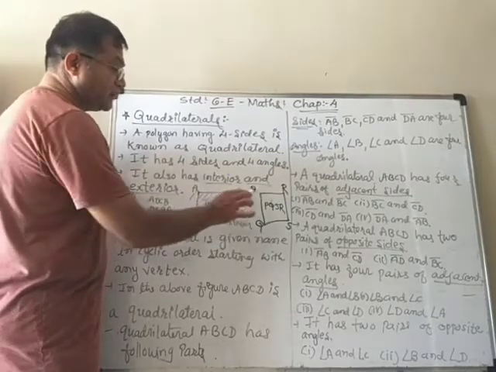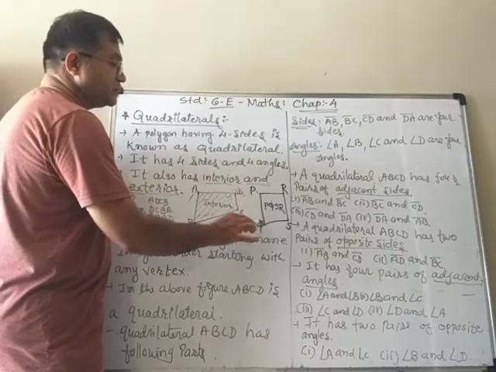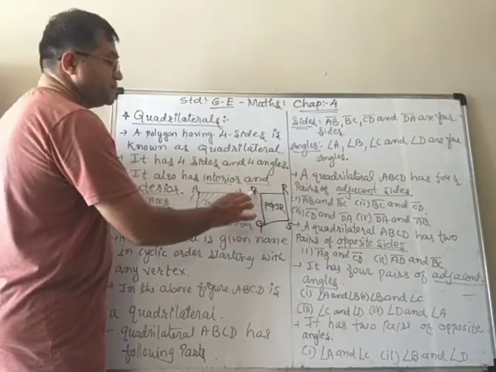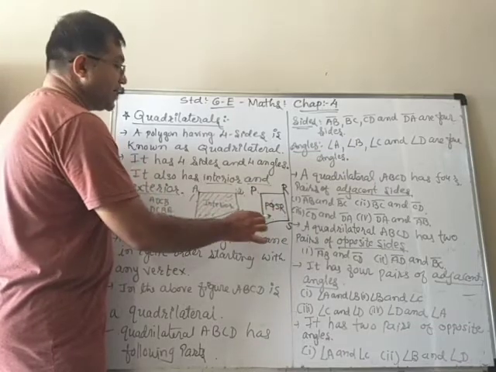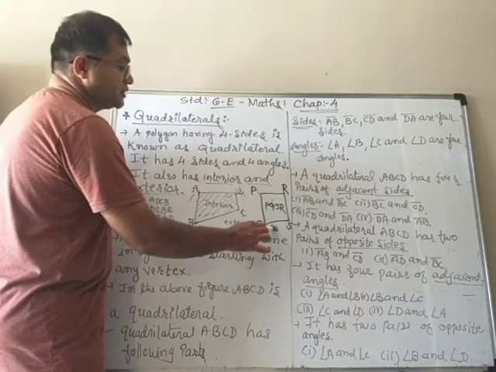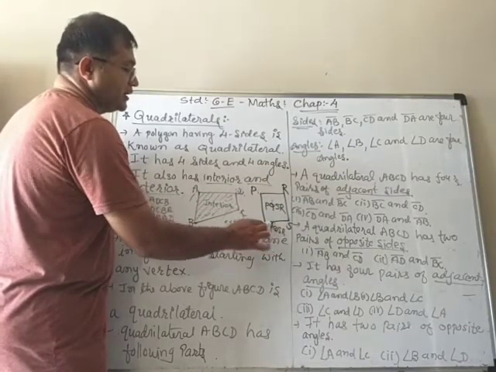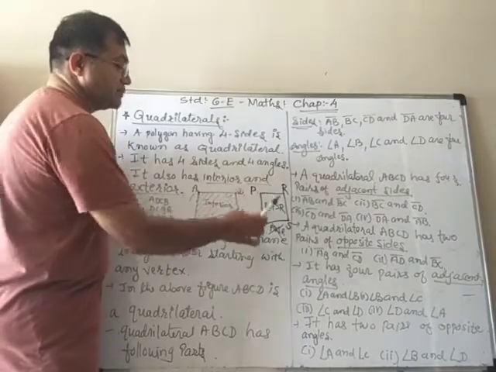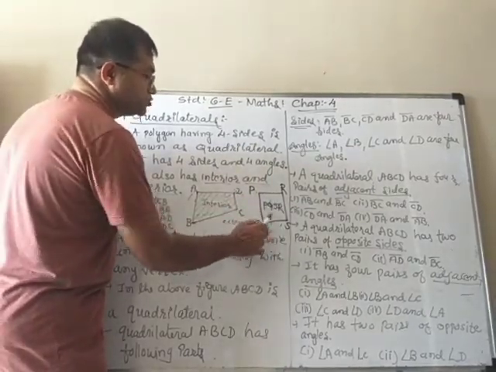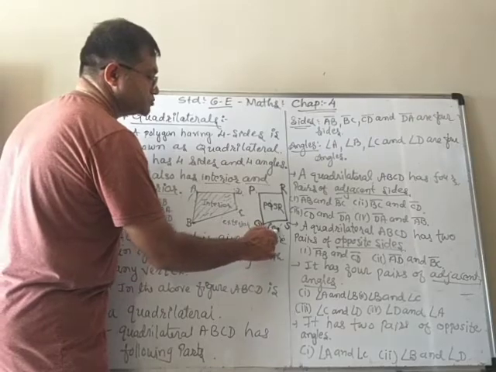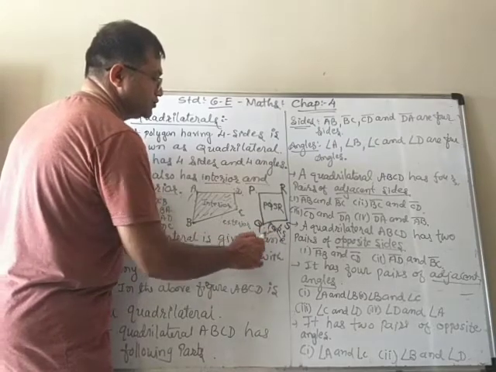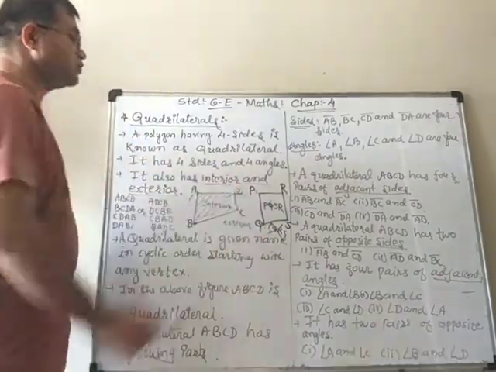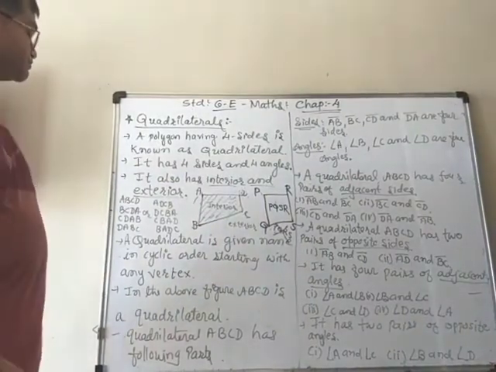And therefore, it will be PQSR or PRSQ. Writing PQRS is totally wrong. So we have to call it PQSR only.